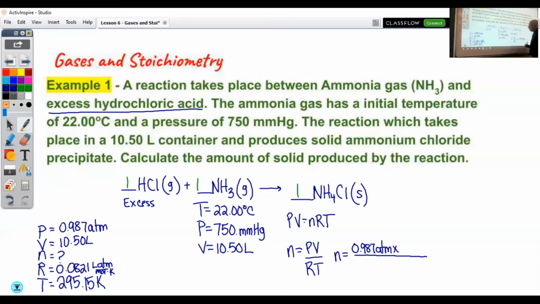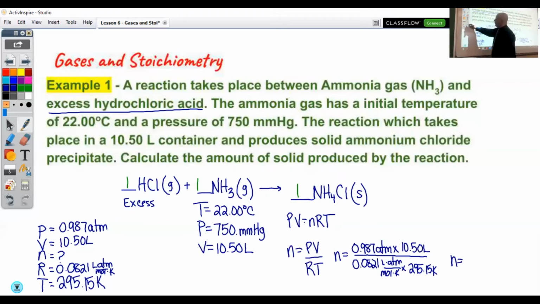We're multiplying by our volume of 10.50 liters. We're dividing by our value for R, 0.0821, and our temperature. So when we're dividing, we have to make sure that we hit divided by in front of each of these numbers.